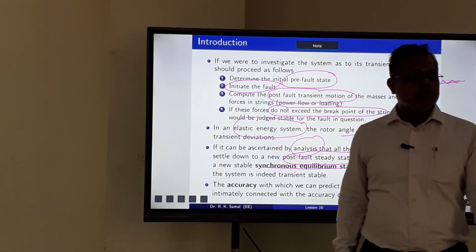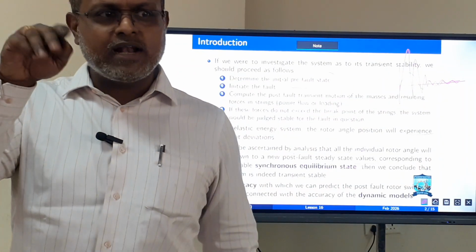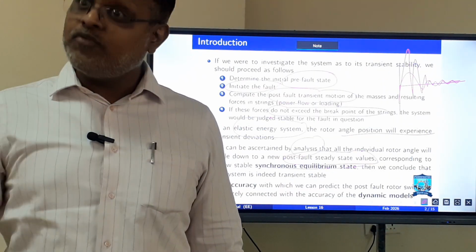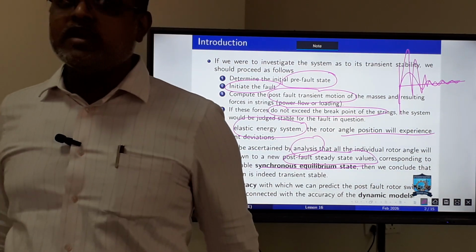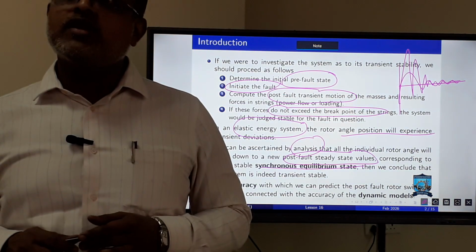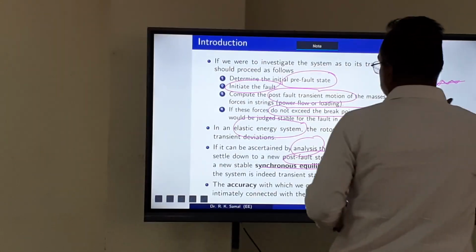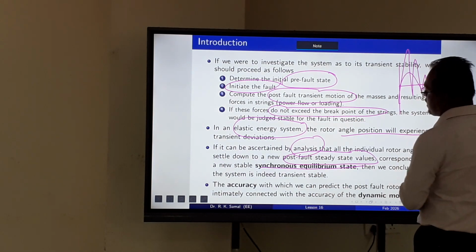After small signal stability, the rotor shifts by a small angle delta. But when there is a fault, that shift may be very large. The shift the generator can make is known as the critical clearing angle, the maximum angle before which the circuit breaker must operate.